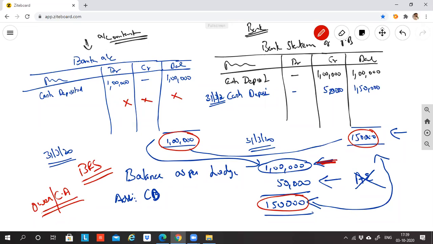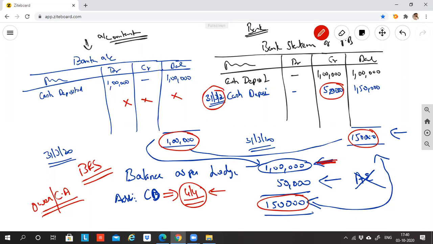So I will record this 50,000 entry not before 31st March, but after 31st March, because this information was given by the customer to me only on 4th April. I'll record this journal entry on 4th April only. Whereas the bank recorded the 50,000 entry on 31st March, and the accountant is going to record it on 4th April.